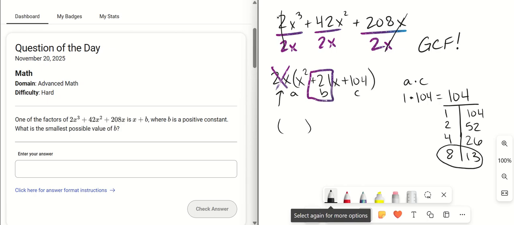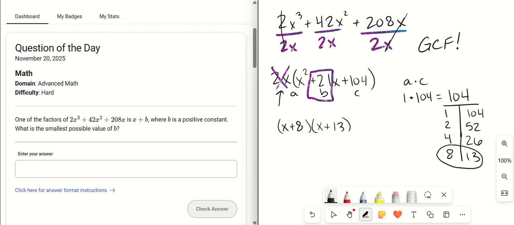That tells us that our two factors from this trinomial, if the first number in my pair was 8, my first factor is x plus 8. If the second number in my pair is 13, our second factor is x plus 13.